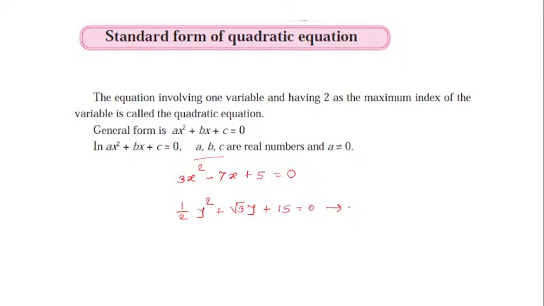This is also a quadratic equation. Though the coefficient of y square is a fraction, that is a rational number, and the coefficient of y is an irrational number, it's okay because we need a, b and c to be any real numbers. The variable y has maximum index 2, that's why this is a quadratic equation. So these are some examples of the quadratic equation.